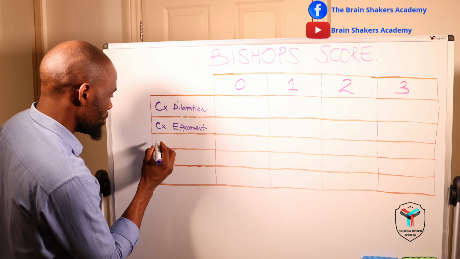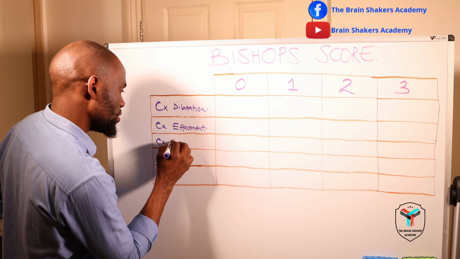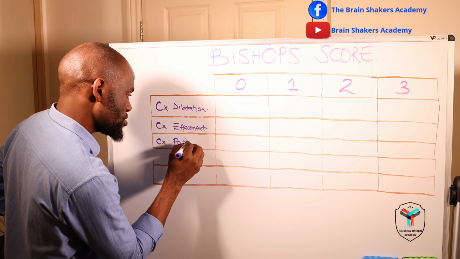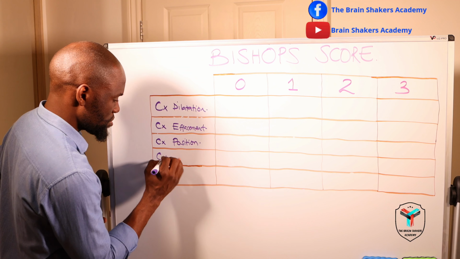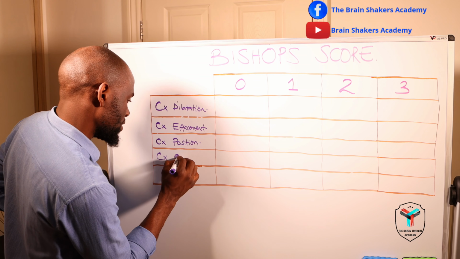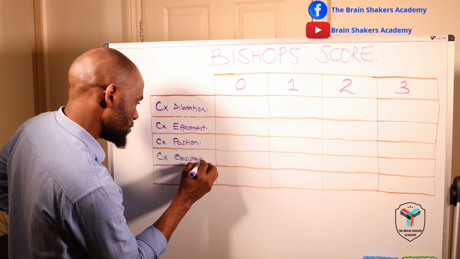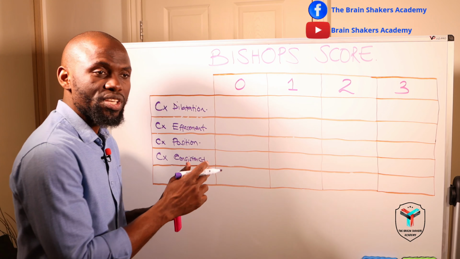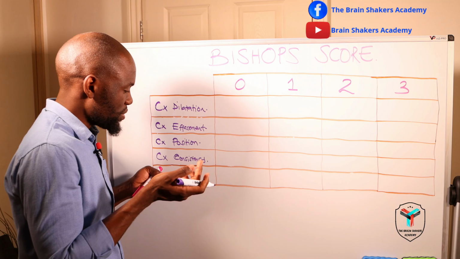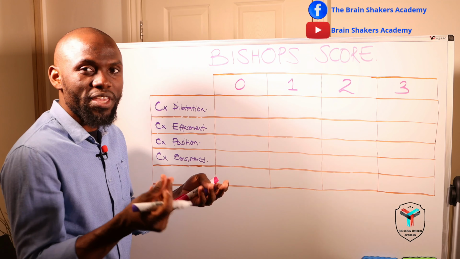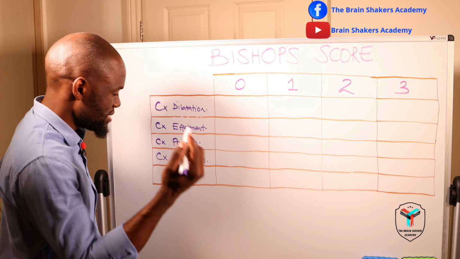And then we'll also be looking at the cervical position or cervical location, and then we will also talk about cervical consistency. With position, is it far back, is it up in the anterior aspect? With consistency, how does it feel as you are doing that examination? Is it soft, is it hard, is it medium?